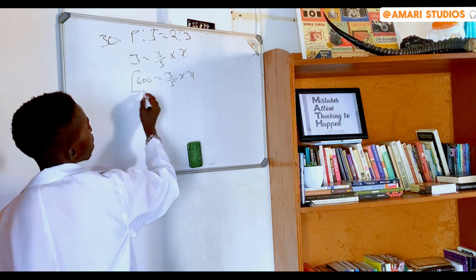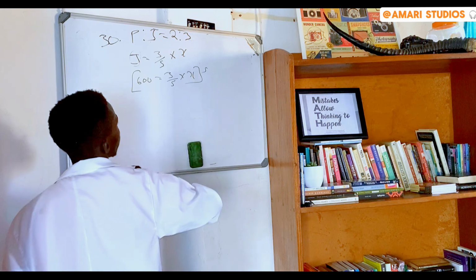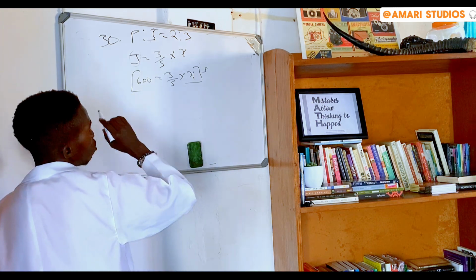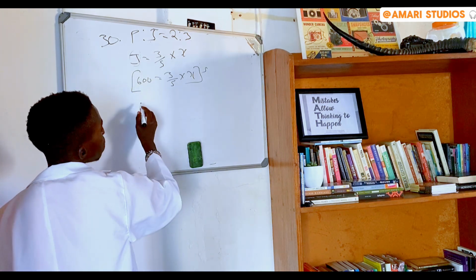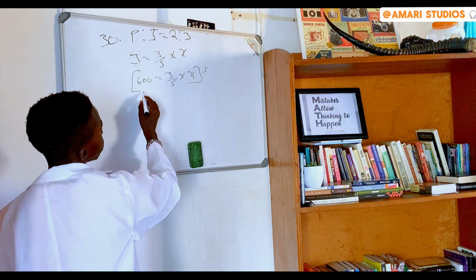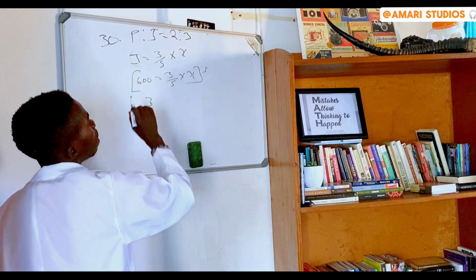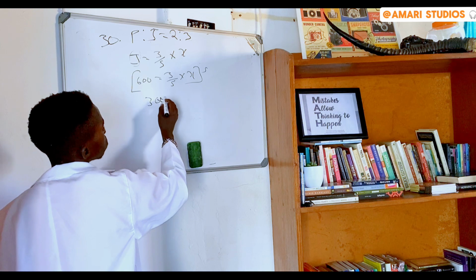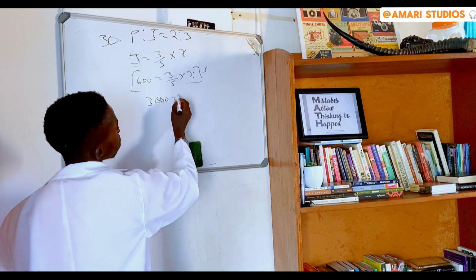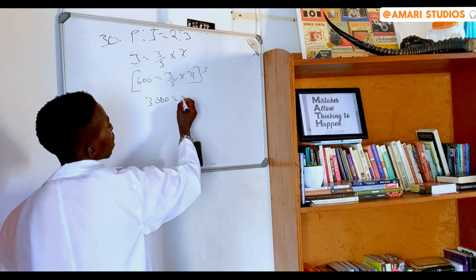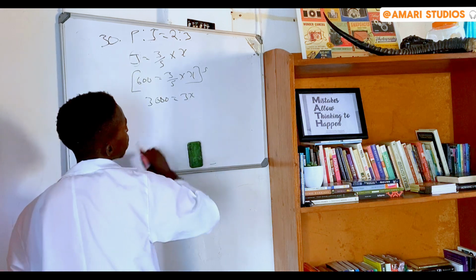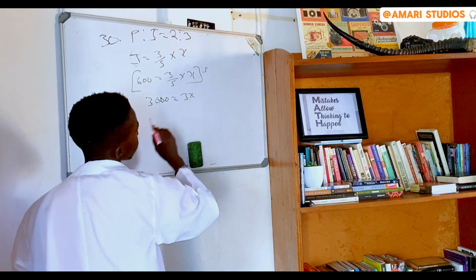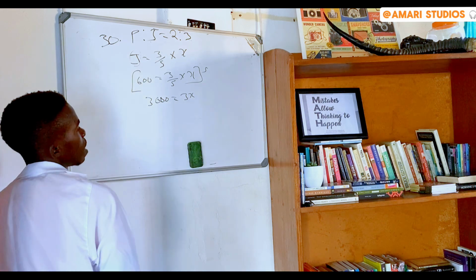Before you cross multiply, just multiply by 5 so that you get rid of the denominator. So 5 times 600 gives you 3,000, which is equal to 5 times 3 over 5 times X, which gives you 3X.